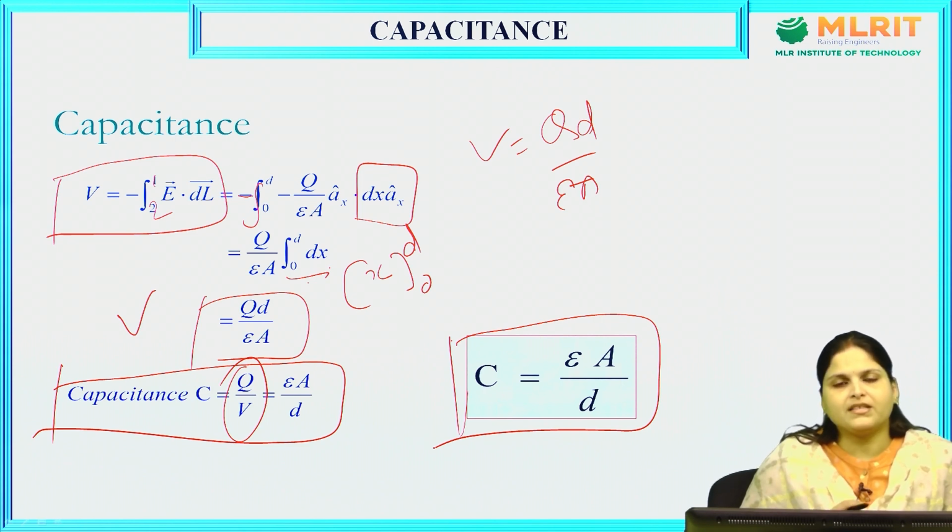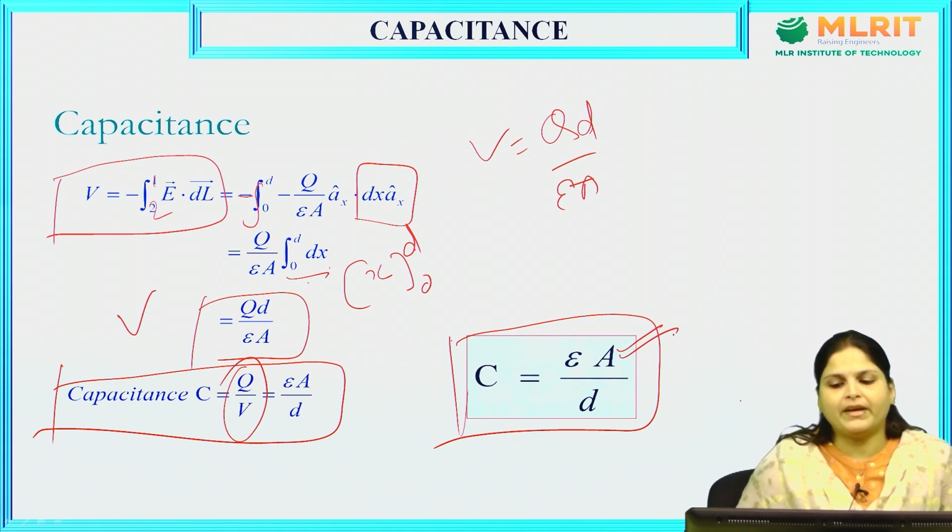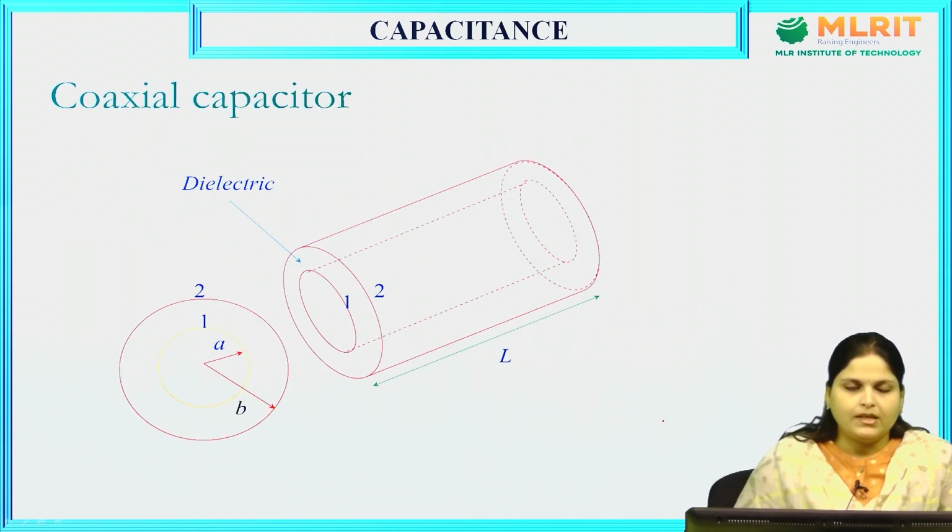So, the capacitance of parallel plate capacitor will be given by epsilon A upon d. We can clearly see it depends on the area of plates and the distance between the parallel plates. Next, we will consider coaxial capacitor.